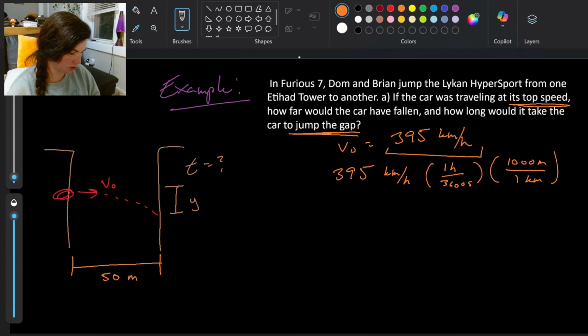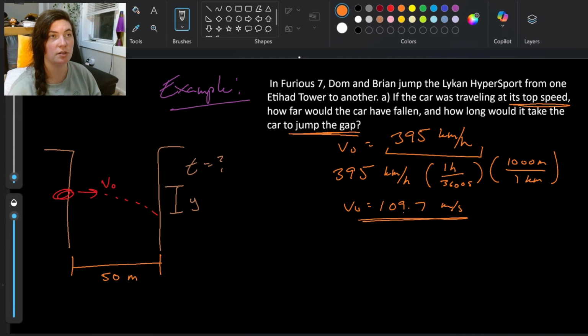When I do this conversion, I get a velocity of 109.7 meters per second. So this is the initial velocity we're working with. It's acting only in the x direction as it comes out of this building, and then we'll gain some y speed because of the acceleration due to gravity.